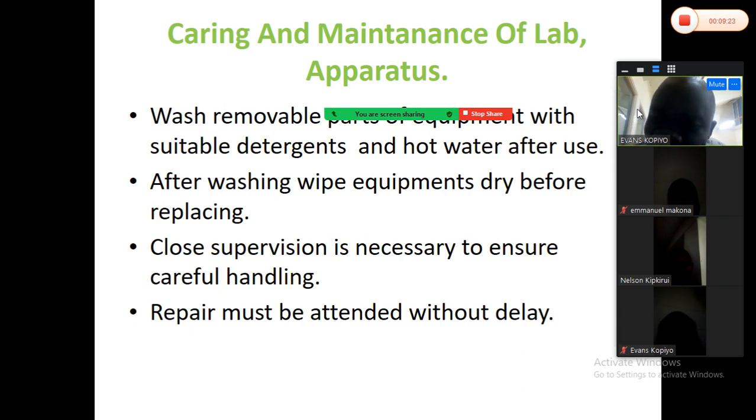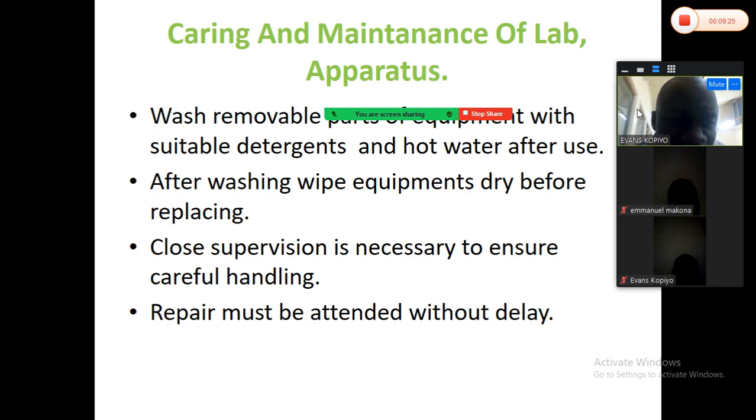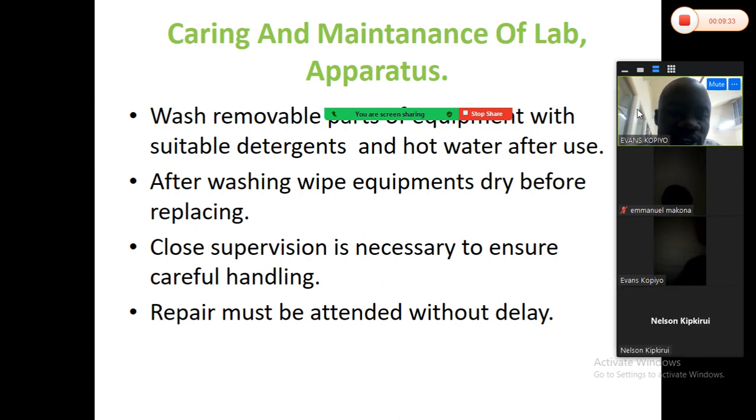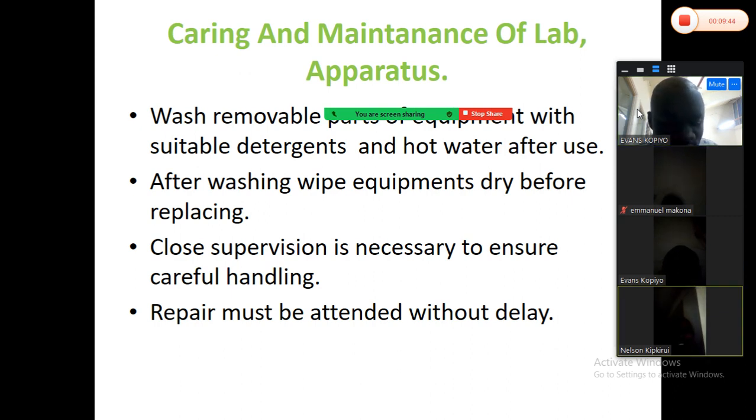Can I try? Yeah, try. Care means putting something into its proper condition.